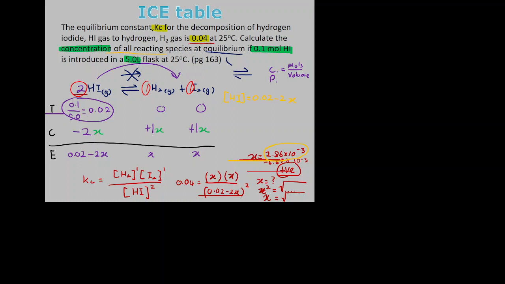Substituting the value of x, you should get 1.43 times 10 to the power of negative 2 molar.